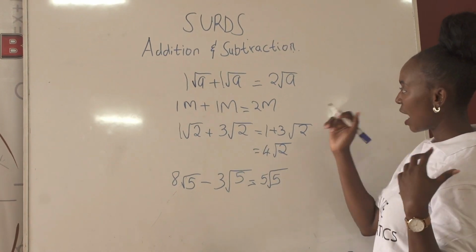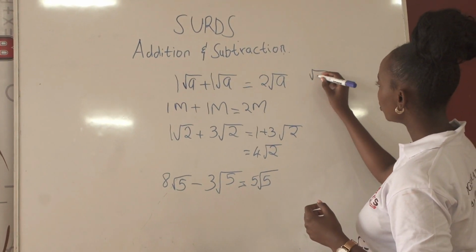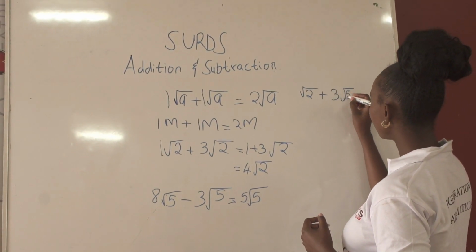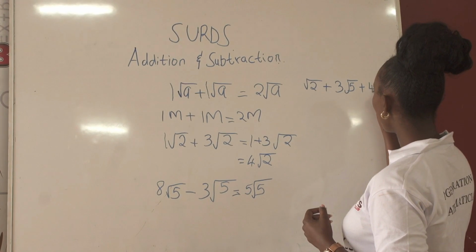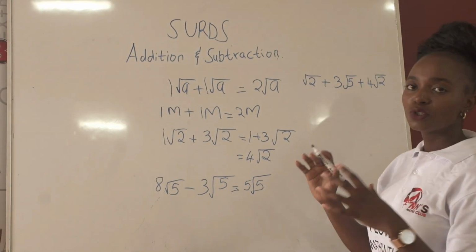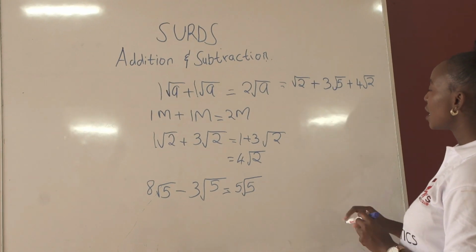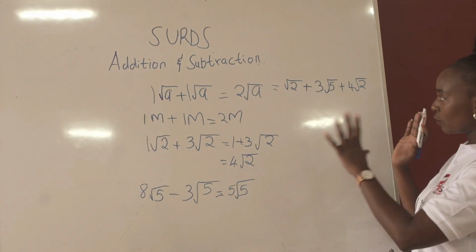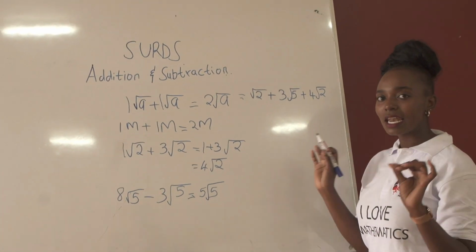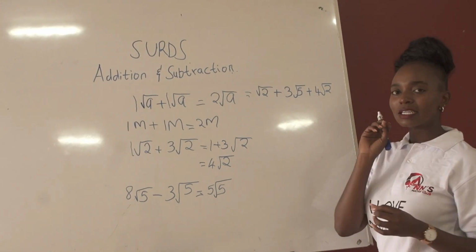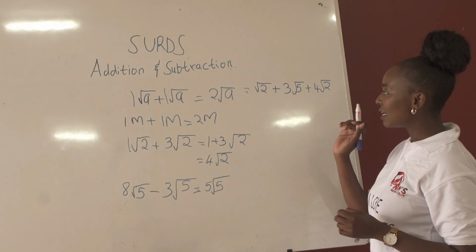For example, if you had a long question, maybe root of 2 plus 3 root of 5 plus 4 root of 2. So what it means here, this is a different example, kindly note. We can talk about collecting like terms. For us to go ahead and add, we'll collect those that have the same number under the root sign.